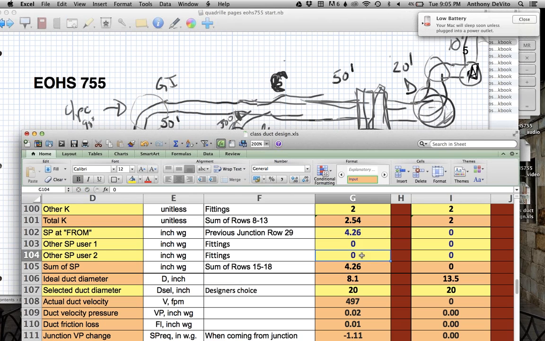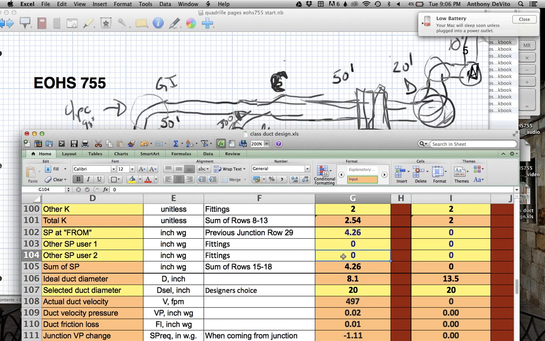If he had given us a static pressure instead of a K for the filter, we would have put it in here. Let's say he said it was a 3 inches of water pressure drop, we would have put it in there. But he gave us a K factor, so it's already accounted for.